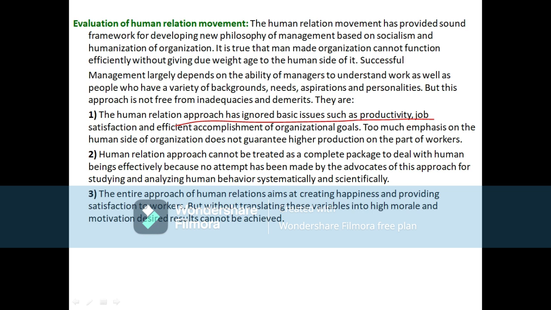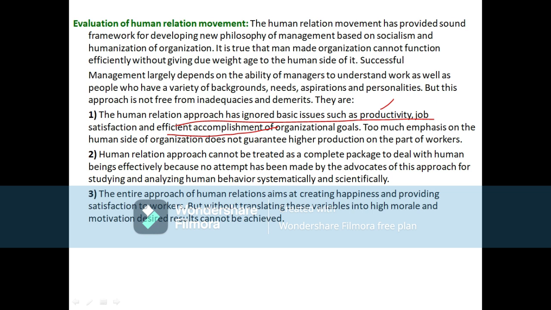Too much emphasis is on the human side of the organization. It does not guarantee higher production on the part of workers. So what they have missed are issues like productivity, job satisfaction, and efficient accomplishment of organizational goals. This is also important. Without accomplishing the organizational goals, the organization will not be in a profit mode.